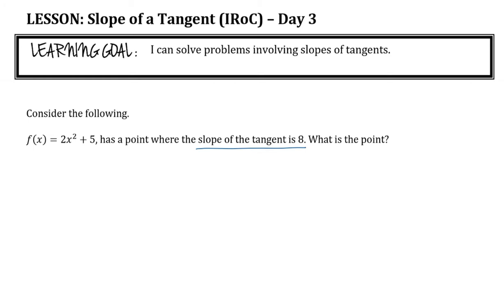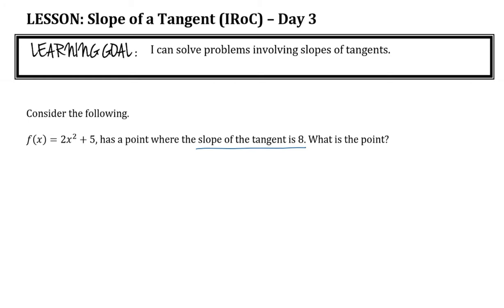The other thing we did that I didn't mention is coming up with an expression for the difference quotient or the slope of the tangent, as opposed to actually solving for the slope of the tangent at a particular point. And so that's going to be similar to what we're going to do for how to solve these questions.